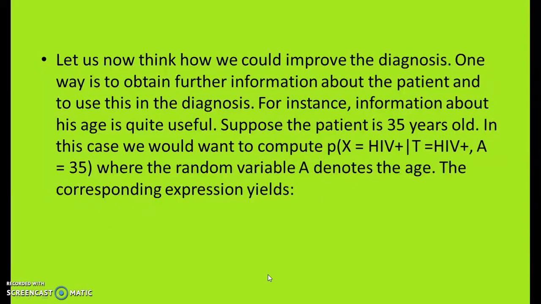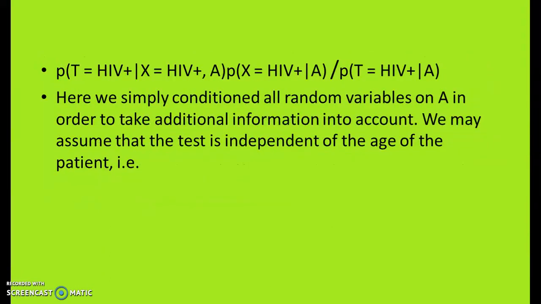So the corresponding expression yields P of T equals HIV positive given X equals HIV positive and A, times probability of X equals HIV positive given A, over P of T equals HIV positive given A. Here we simply condition all random variables on A in order to take additional information into account. So we may assume that the test is independent of the age of the patient.